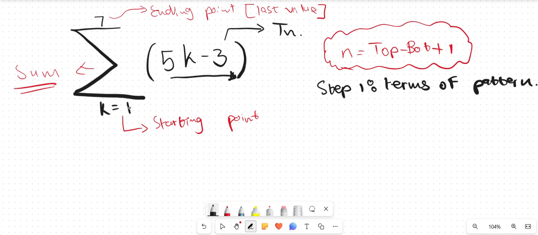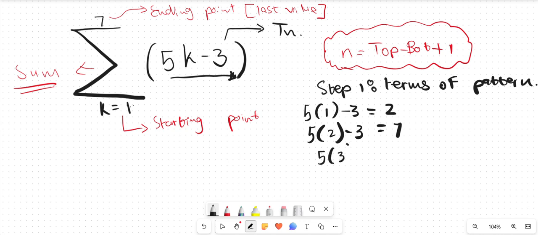You're going to start with this value here, the 1, and keep substituting for k to find each of the terms. So the first term is 5 minus 3, which is a 2. The second term is 10 minus 3, which is a 7. The third term is 15 minus 3, which is a 12.